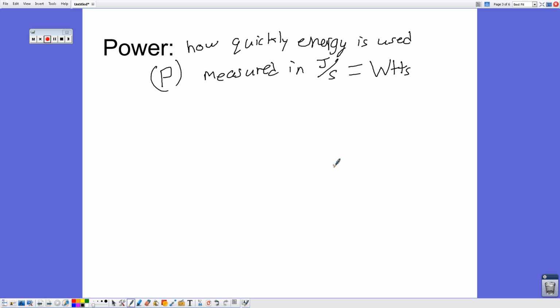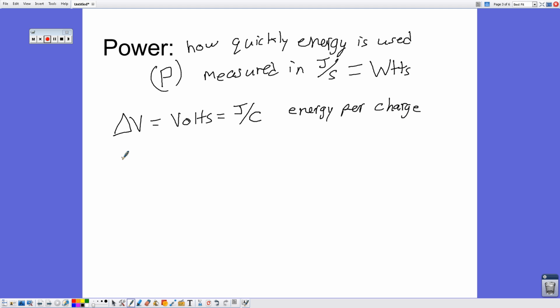All right. So, how the heck, though, are we going to get power? So say we have a light bulb. Some light bulbs say things like 70 watts on them. Where did that come from? Okay, well, let's think. Voltage is measured in volts, which, if you recall, is joules per coulomb of charge. Energy per charge. All right.